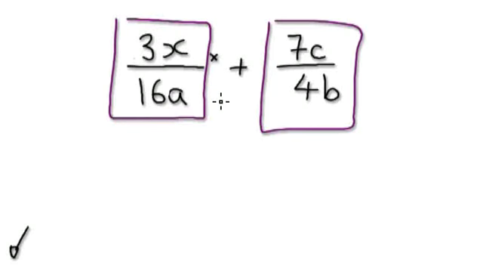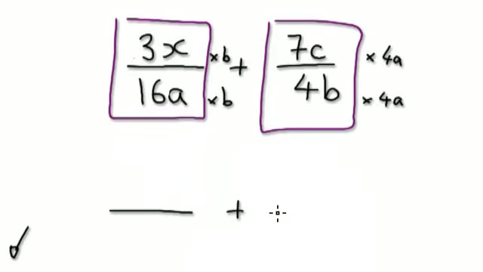So let's times top and bottom here by b. You just have to develop your own technique for this one. Over here I'm going to times top and bottom by 4a. Okay, that's what I'm going to do. You just have to play around and somehow get the two denominators to be the same.